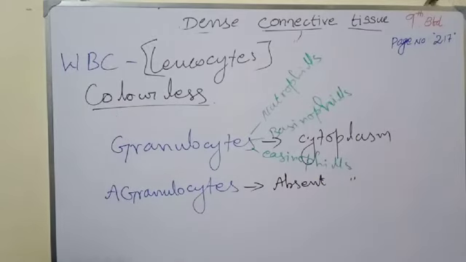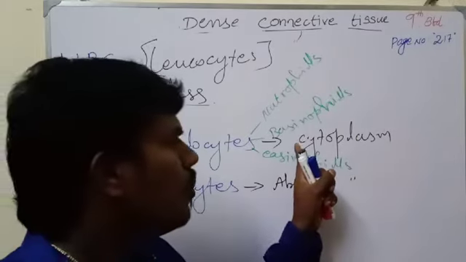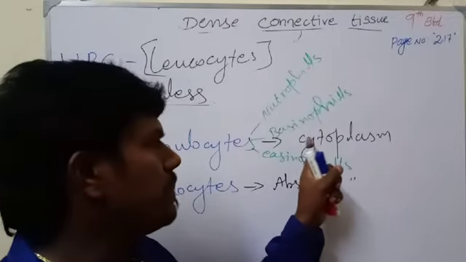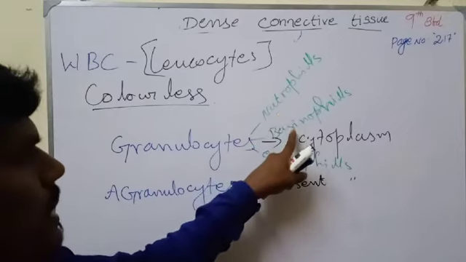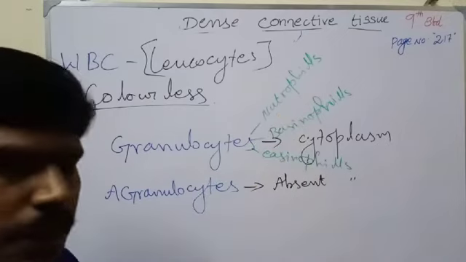See, the granulocytes have an irregular or ovoid shape, with nucleus and cytoplasm present. They are present in three types: neutrophils, basophils and eosinophils.